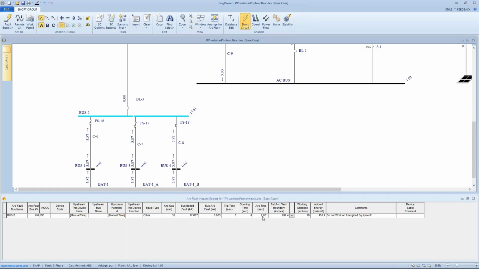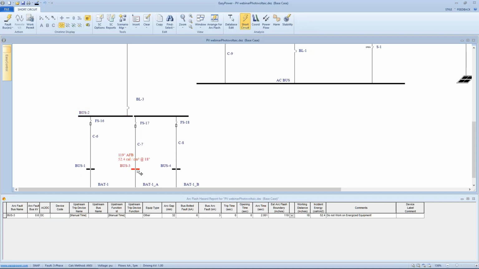Now you can see, even if we limit the calculation time to 2 seconds, we have 151 calories incident energy. And so these can be an excessively dangerous situation that we wouldn't want people working on these whatsoever.